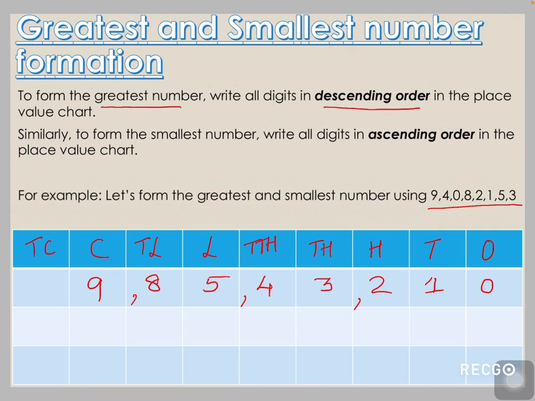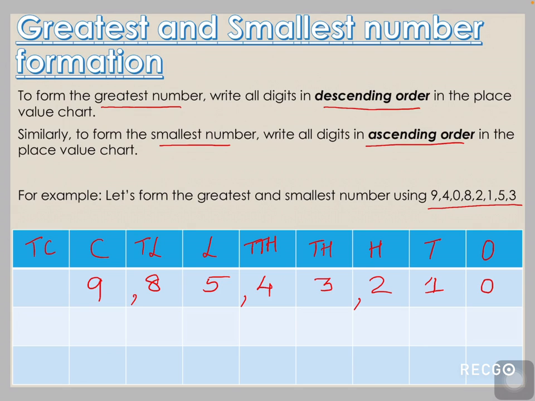And if I am supposed to make the smallest number using these same digits, I have to arrange them in ascending order. Ascending means first of all I have to see the smallest digit. The smallest digit is 0. But if I place 0 at the crores place, it has no value.